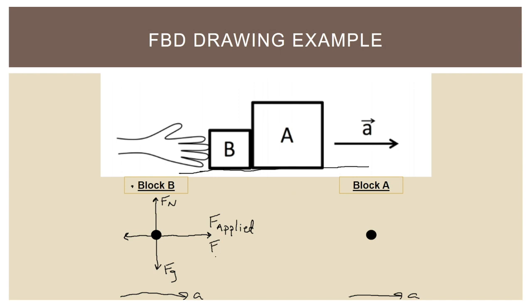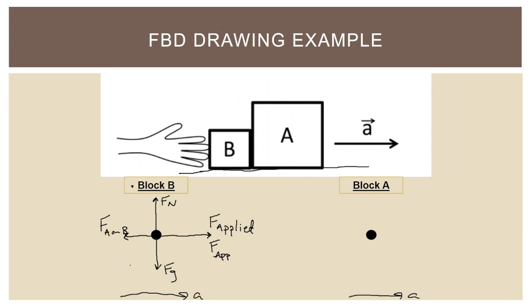Eventually, we're going to end up just writing F and then app for the subscript so we can shorten it up, but that's the basic idea. And then for this force, because it's the force from block A on block B, we can just write F A on B. And that's it for the free body diagram for block B.